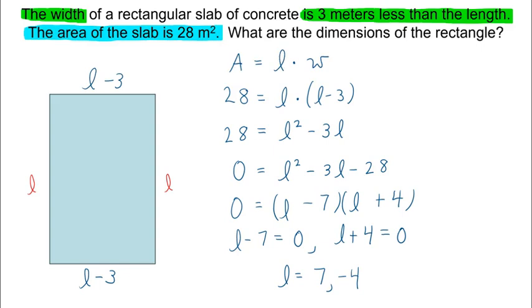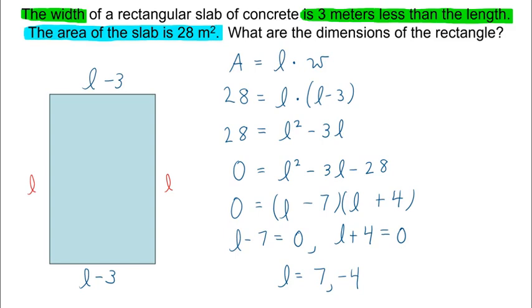Now, while both of these are solutions to our quadratic equation, they're not both solutions to our application problem. Sometimes when we apply mathematics to the real world, we have to use some common sense to determine if the solutions are applicable to our situation. Well, the first solution is the length is equal to 7. 7 seems to be a reasonable solution for the length of a rectangular slab of concrete.